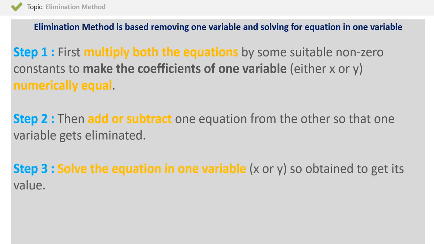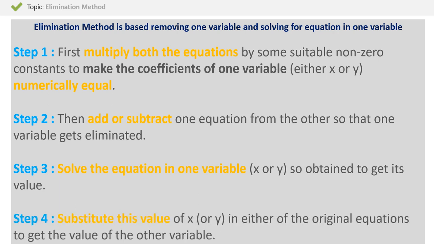So one of the variables gets eliminated, right? Step 3, solve the equation in one variable, x or y, whatever you get after elimination, and so obtain its value. And step 4, substitute this value of x or y in either of the original equations to get the value of the other variable.